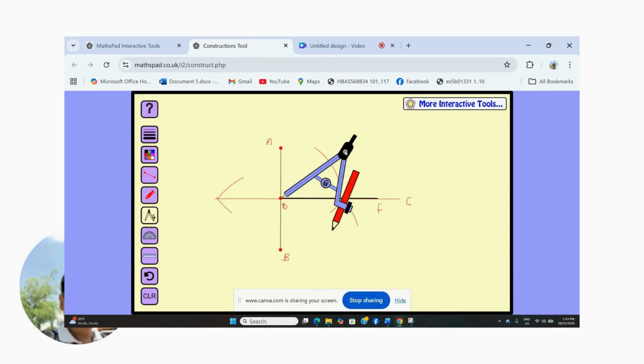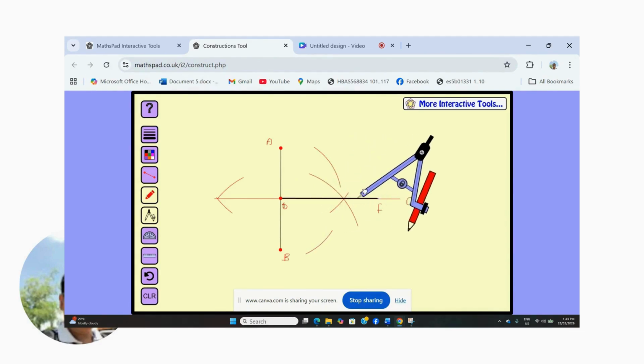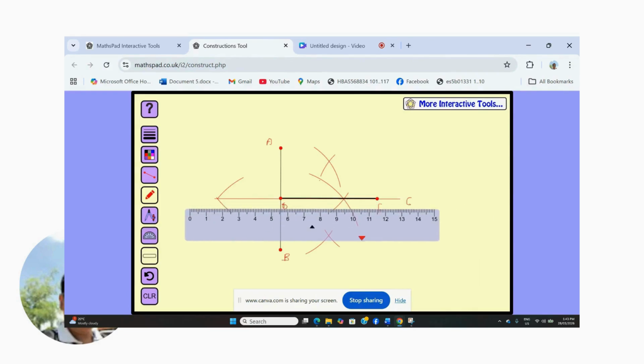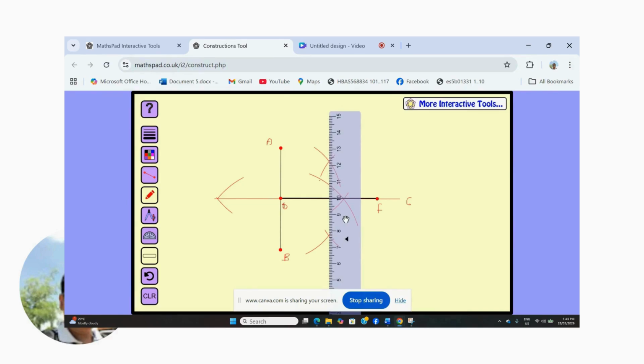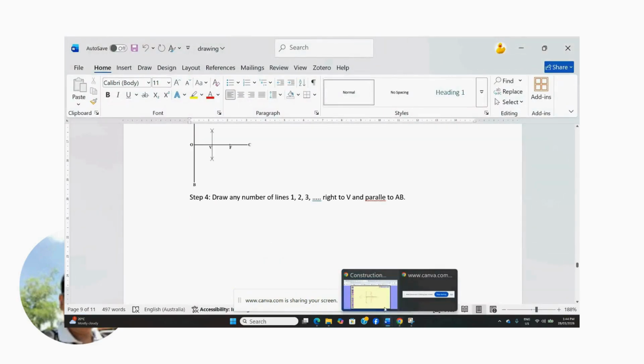So let me bisect OF. This is vertex, which is midpoint of OF.